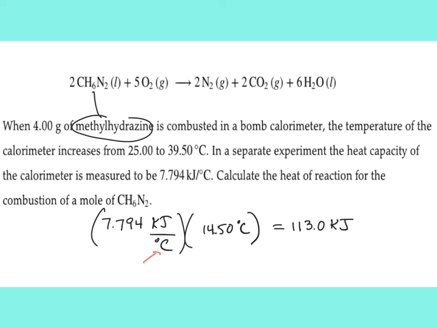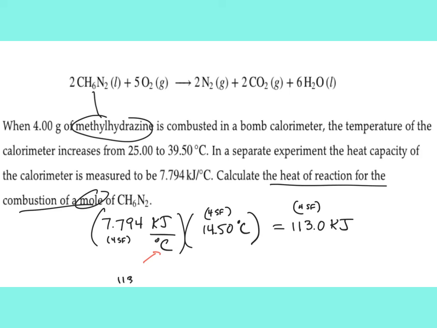I'm maintaining the 4 significant figures that are present in both of my values. This value is 4 sig figs. The delta T is 4 sig figs. And so I'm keeping a 4 significant figure answer. Okay? Now, we're not done, because they wanted the heat of the reaction for a mole of methylhydrazine. So we have to take this value here.